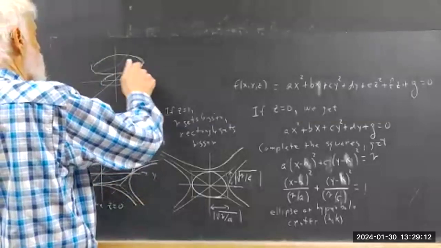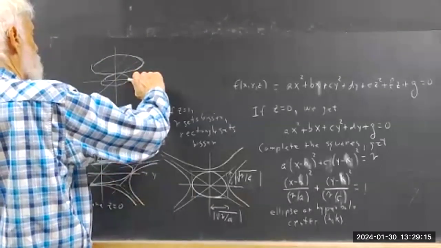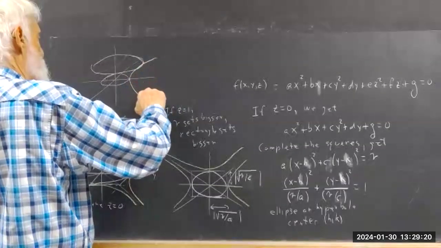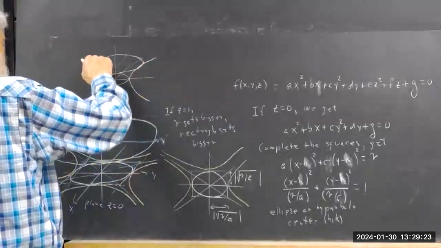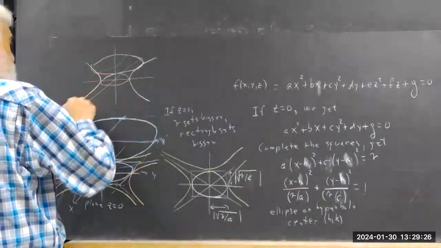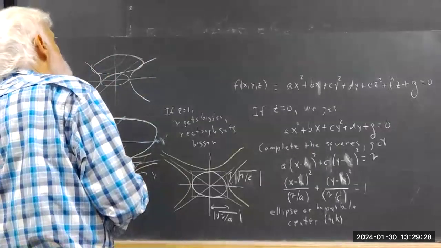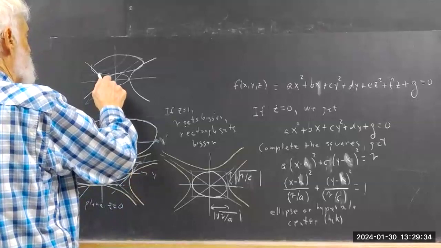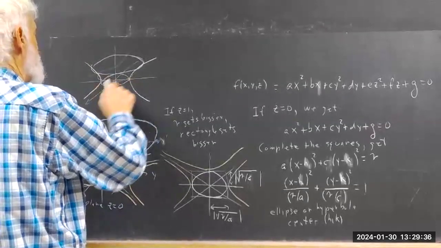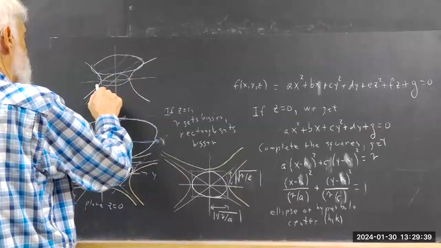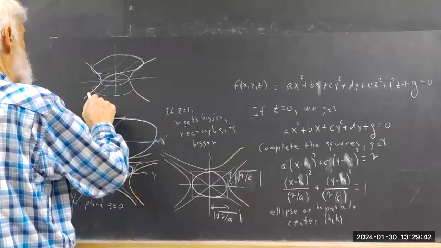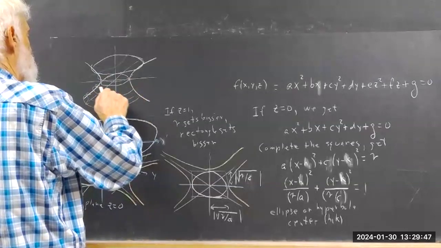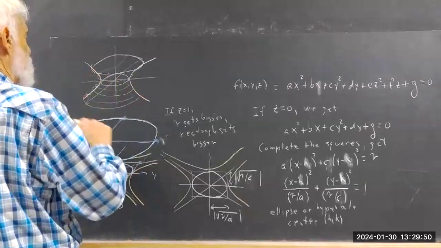And maybe then what you have is hyperbolas here in the vertical, so that at each point here, and each point down here, you can sketch an ellipse.